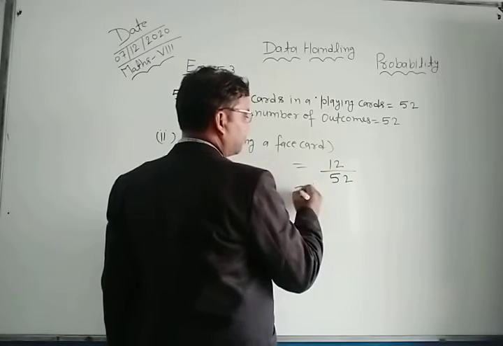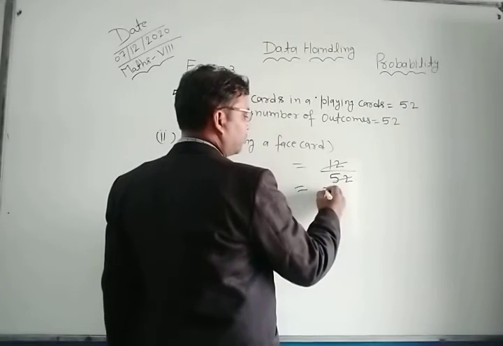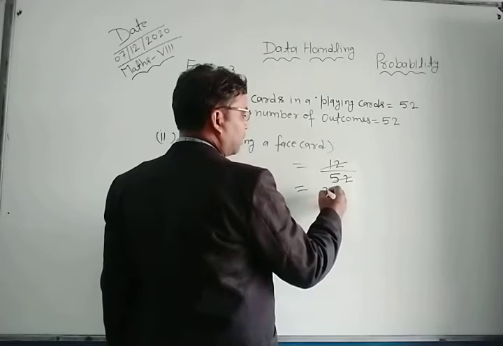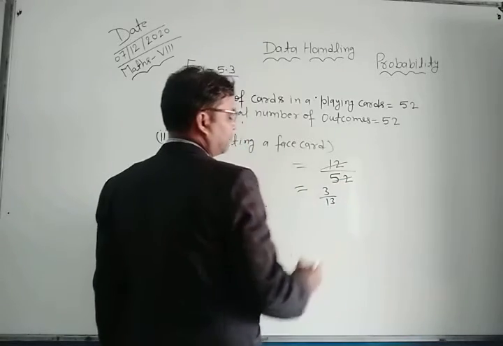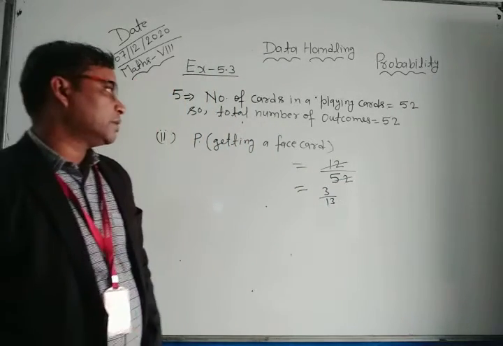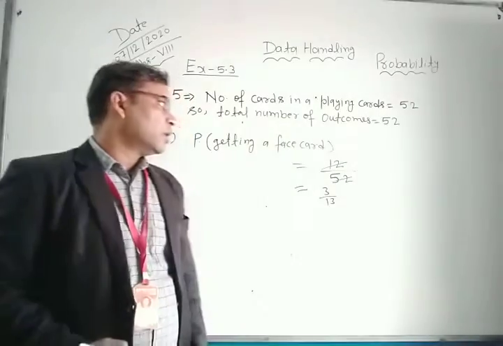If you cancel by 4, you obtain 3 by 13. 3 by 13 is the probability of getting a face card.